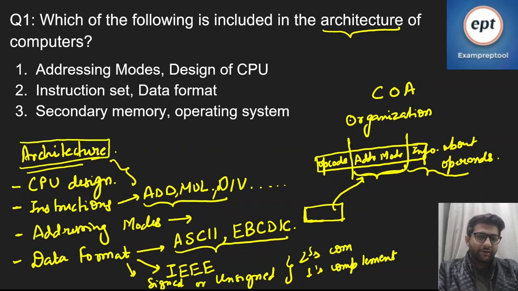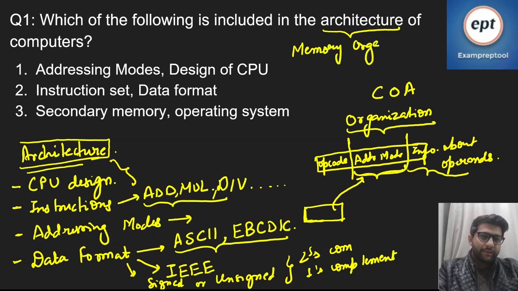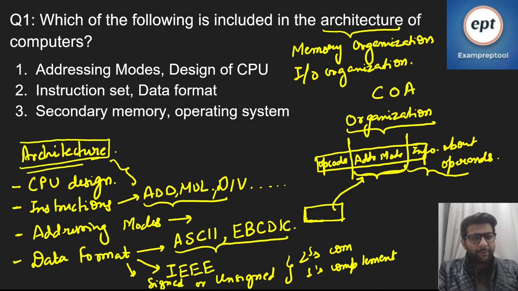Right, and what organization means is how different components of a computer will interact with each other. So organization includes the memory organization, the IO organization, right? And how we can make this particular computer more efficient.